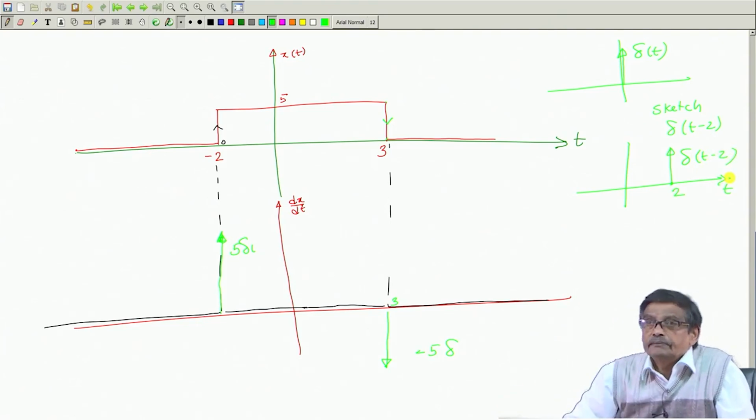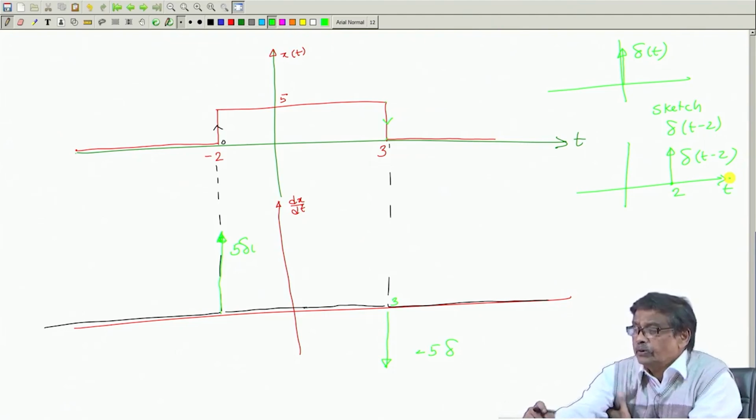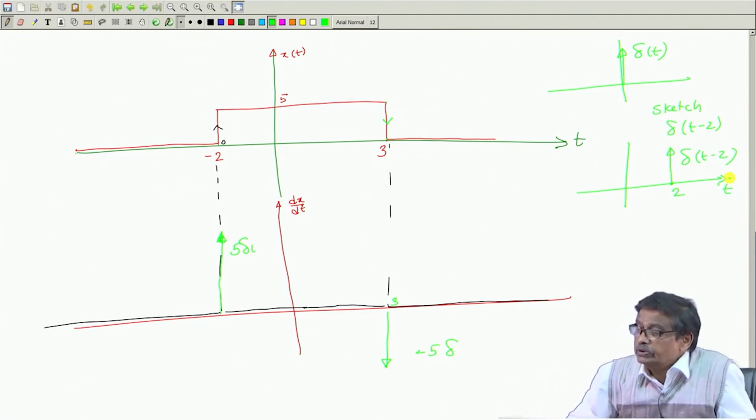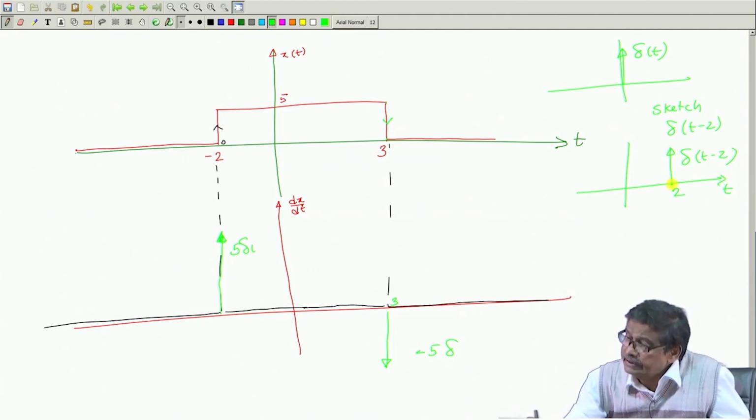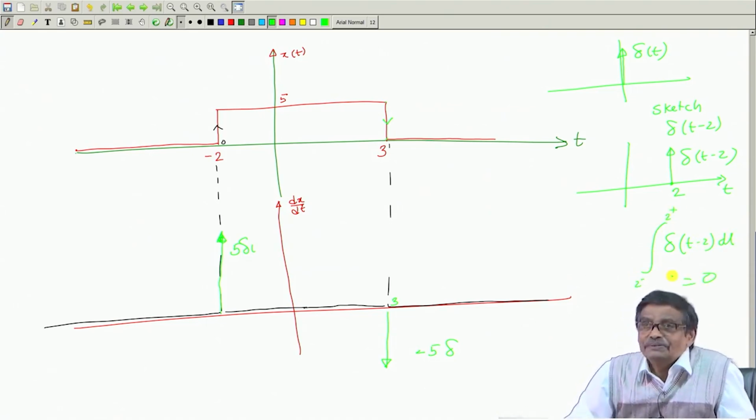Any function x(t) given a right shift: if you change the argument t to t minus 2, it will give you this. Therefore, the integral of delta(t minus 2) dt is 1, since the impulse sits at t equal to 2. Got the point?